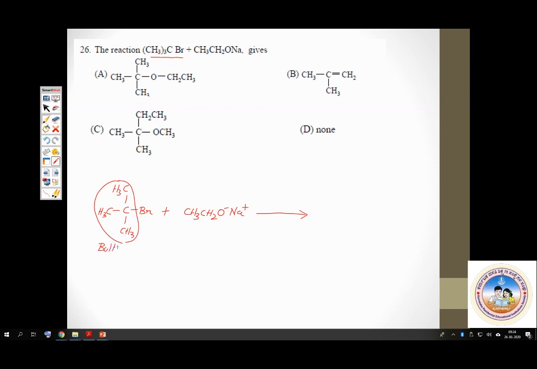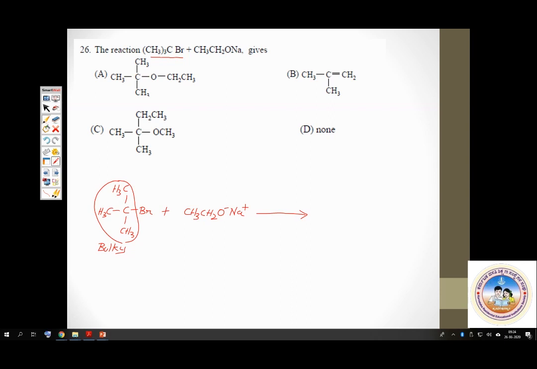Only when the bulky group is part of the alkoxide can it attack the smaller alkyl halide and give you the ether as product. But because the bulky alkyl group is now part of the alkyl halide, this will not give you ether. So you have taken a wrong combination of reagents. What will be formed instead of ether? You'll get an alkene.